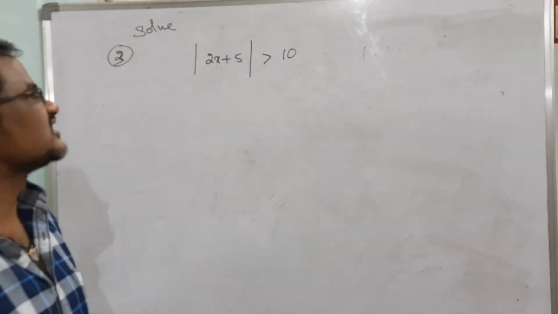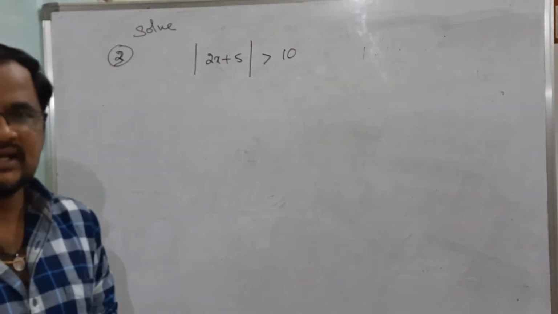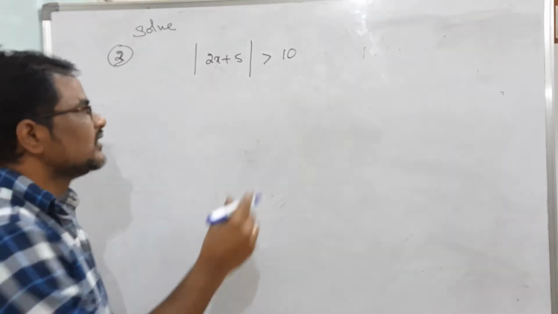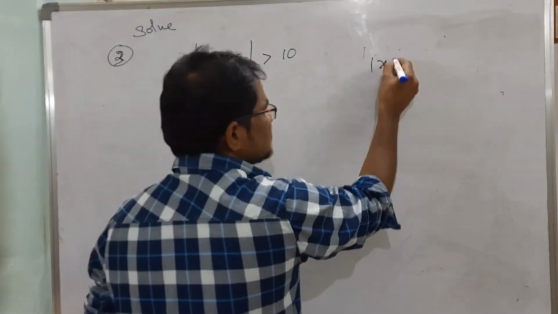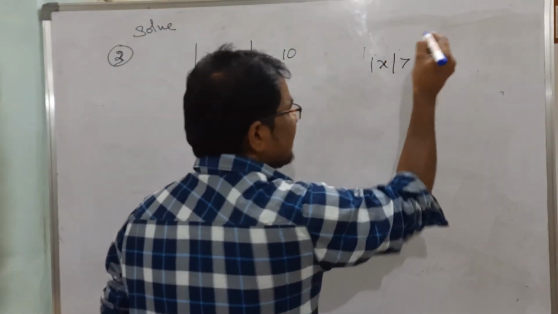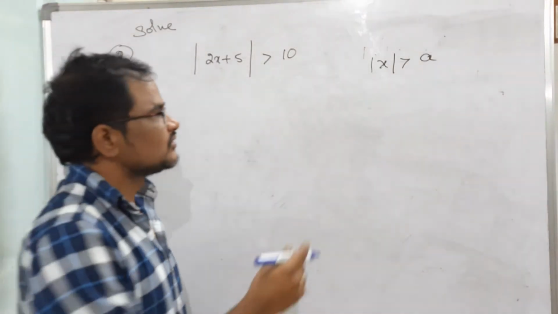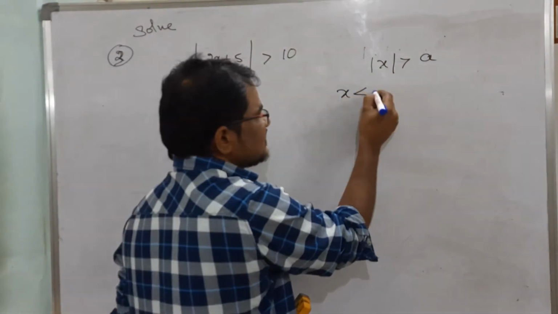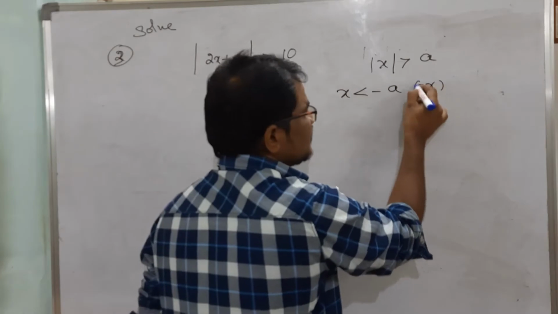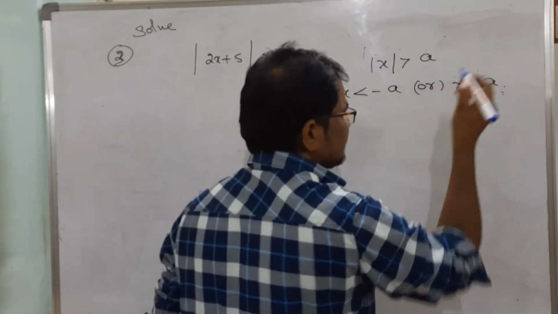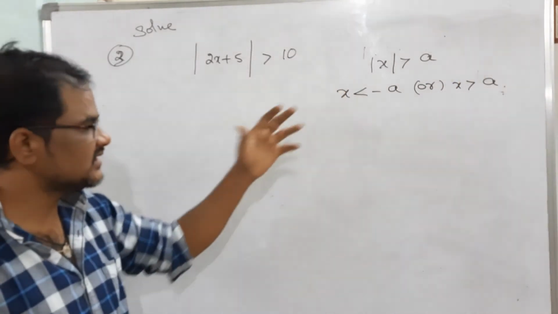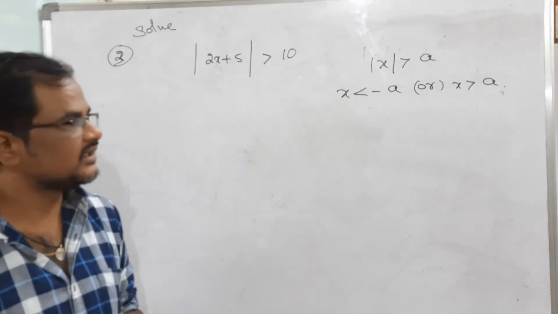By which result do we have to solve this inequality? Mod x greater than a. So how to write this? x less than minus a or x greater than plus a. If you know this result, then easily you can solve this inequality.